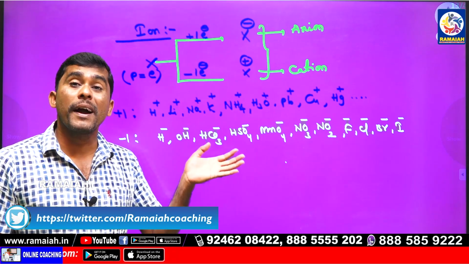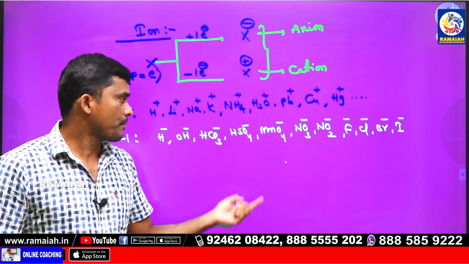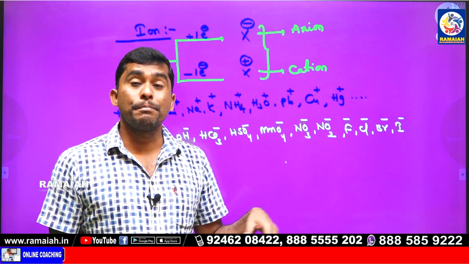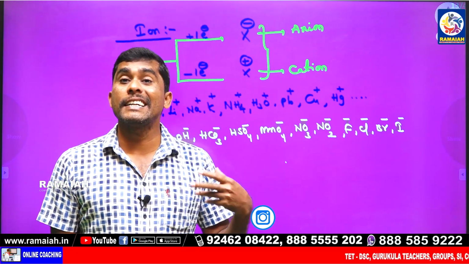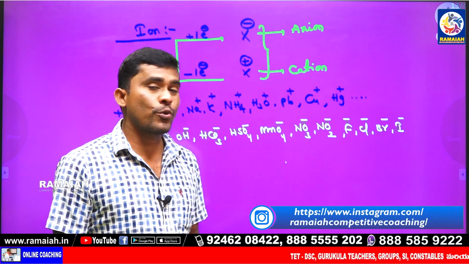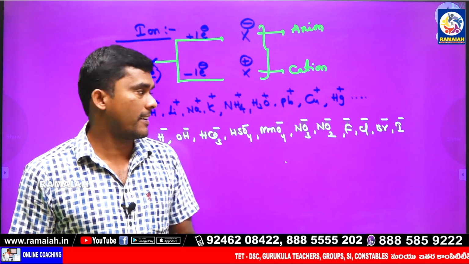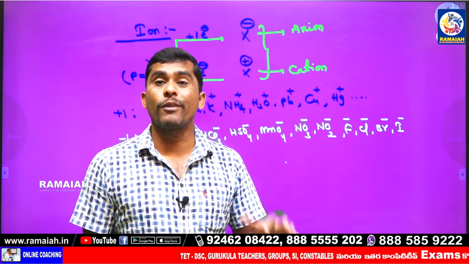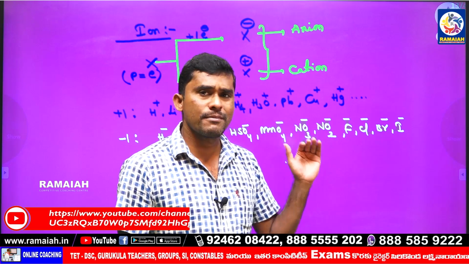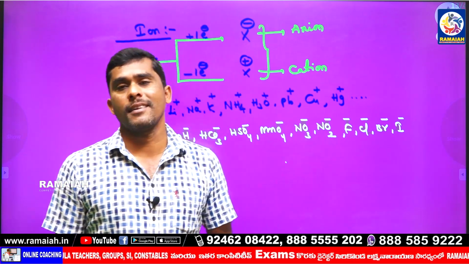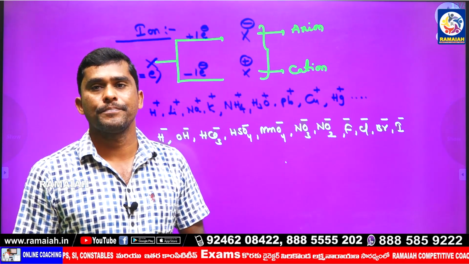HSO4 minus, bisulfate ion. MnO4 minus, permanganate ion. NO3 minus, nitrate ion. NO2 minus, nitrite ion. F minus, fluoride. Cl minus, chloride. Br minus, bromide. I minus, iodide.